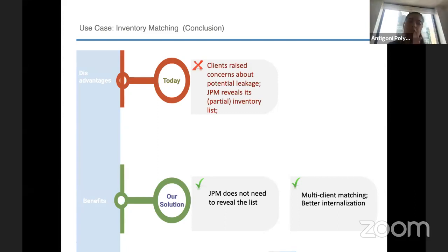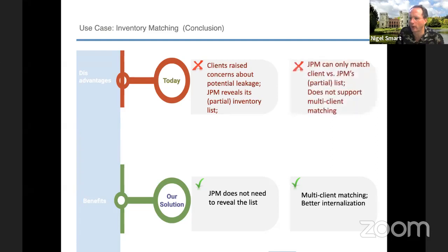For different symbols, you can parallelize. So the benchmark that I gave you was for one. If you had 2,000 symbols, you would need 2,000 instantiations of the protocol in parallel. You can do this in parallel, and it basically scales linearly with the number of instruments.